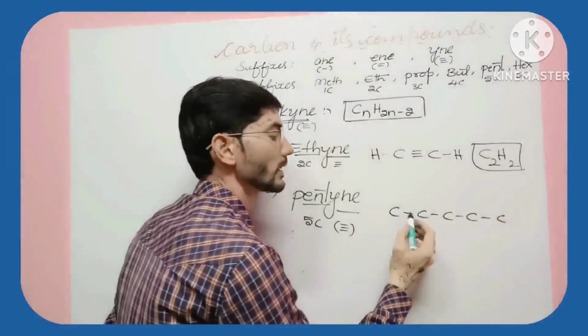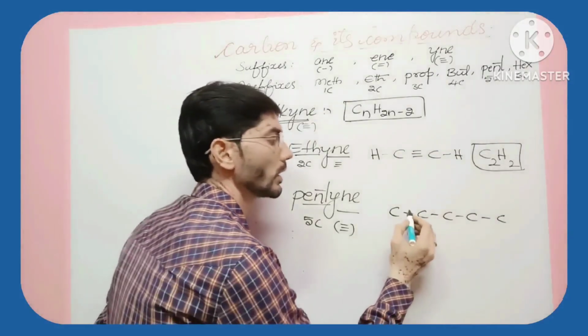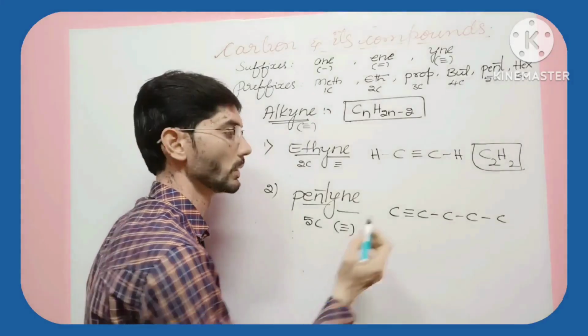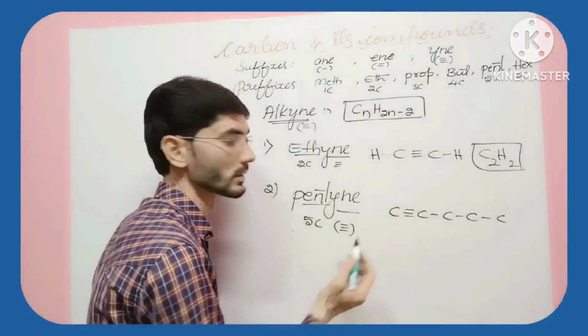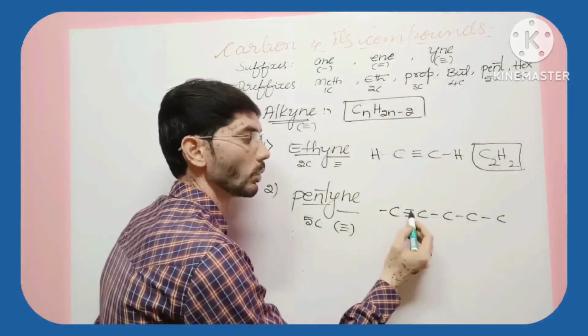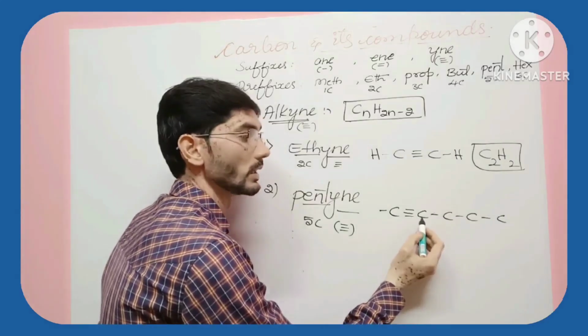Either this side or that side, anywhere, you can put this triple bond on any carbon. I suggest you put it at the first only, because confusion will not arise. Now balance the tetravalency: 1, 2, 3, 4. See, this carbon already has its tetravalency balanced.